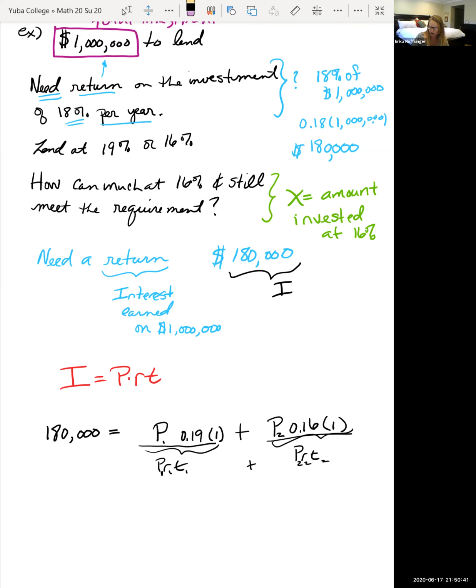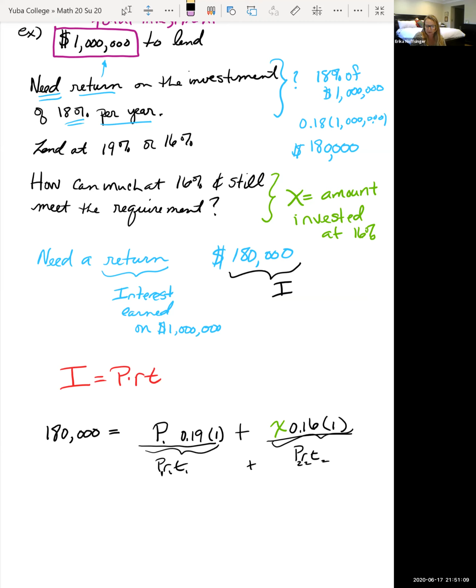So down here in our equation, for P sub 2, let's change that to X, because that's how much we put in that account. If that's the case, then we can figure out how much they put into the account at 19%.